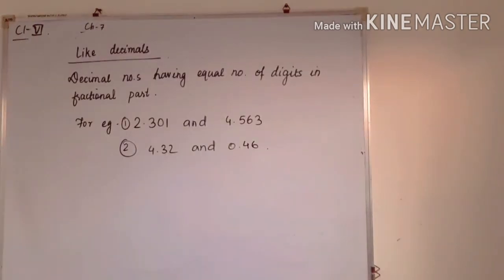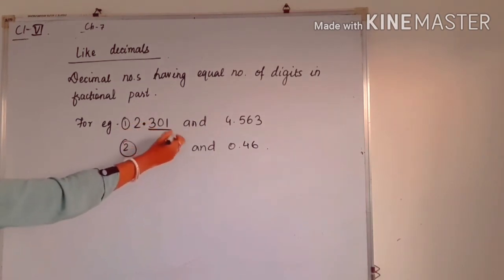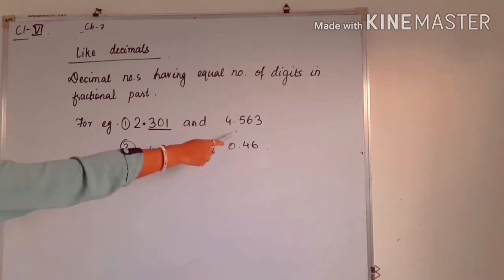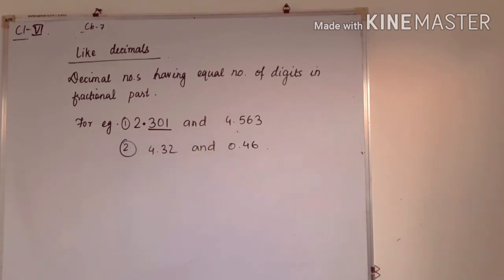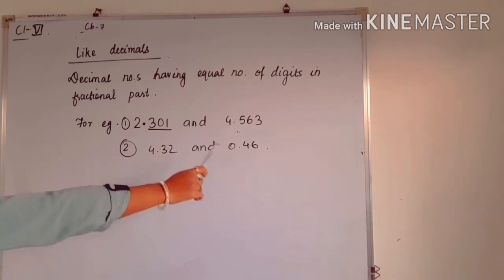The next topic is like decimals and unlike decimals. Like decimals are decimal numbers having an equal number of digits in the fractional part, or you can say the decimal part. For example, you can see the number of digits after the decimal point here and here is the same, that is 3. So they are called like decimals. If they are not the same, then they are called unlike decimals. Similarly, here you can see 4.32 and 0.46.